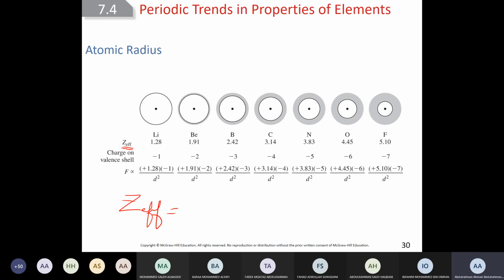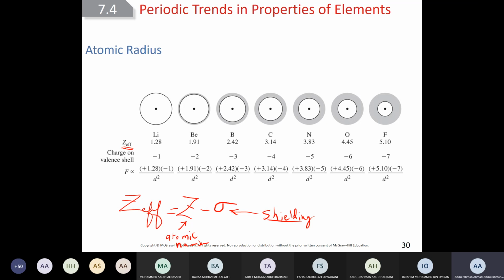What does this equal to? What's this Z? The atomic number. Exactly. And what's sigma? Shielding or screening. Sigma is shielding. All right.